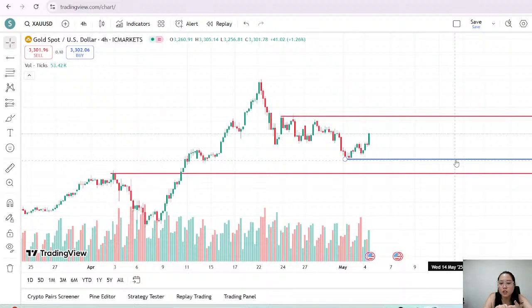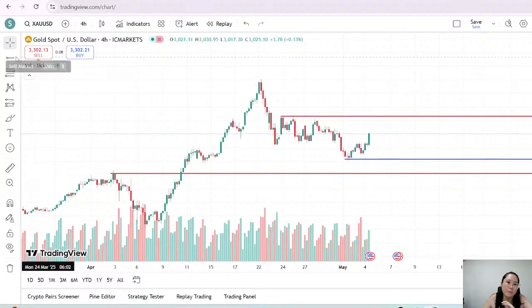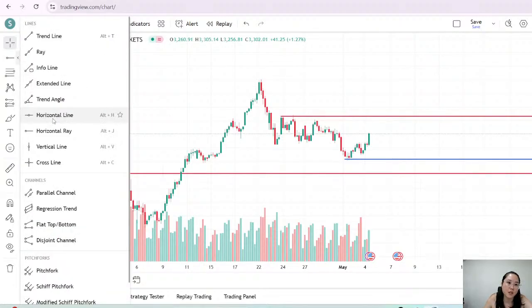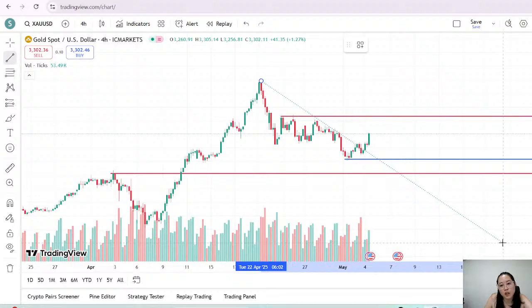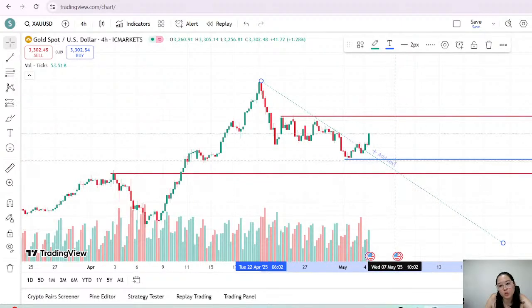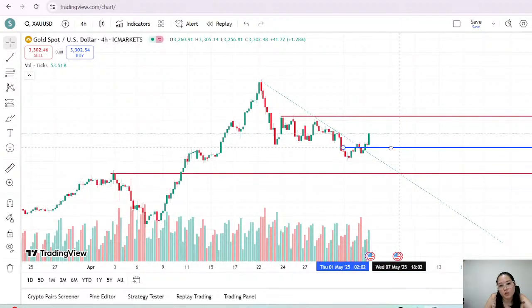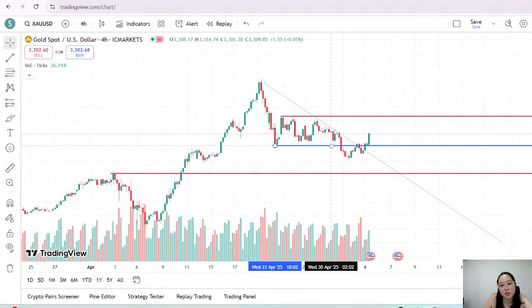But don't force it, right? Only do it if it's very obvious and all the signs are showing you that there is an entry, stop loss, and take profit. So right now, I am biased that price is going to go up. So if I'm biased that price is going to go up, I'm just going to look for an entry now, for a buy. I feel like this could be it. Hold on.